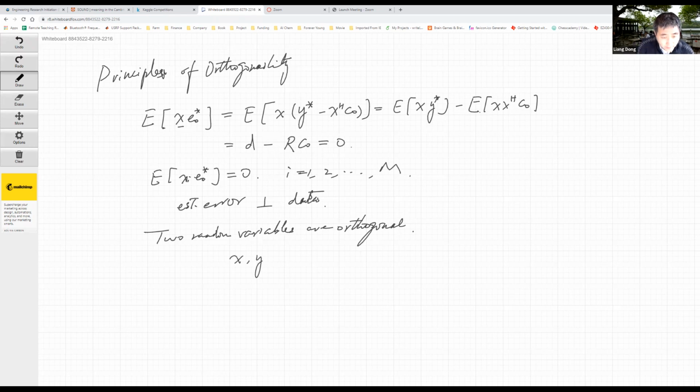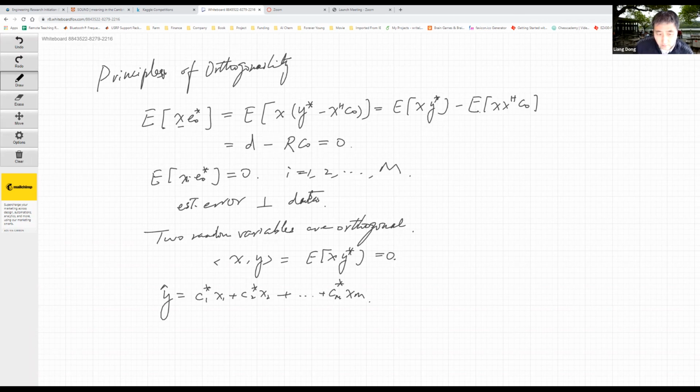They are orthogonal, meaning that the inner product, which we defined here as the expectation of x times y conjugate, is 0. Then the estimation is C1 conjugate x1 plus C2 conjugate x2 plus, up to, Cm conjugate xm.